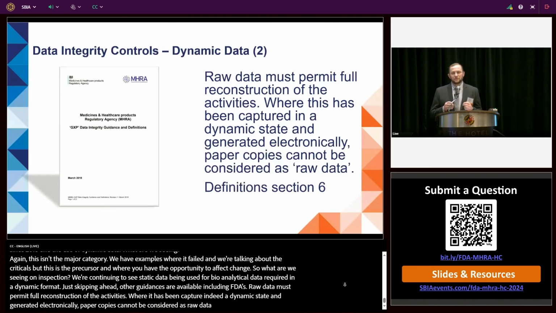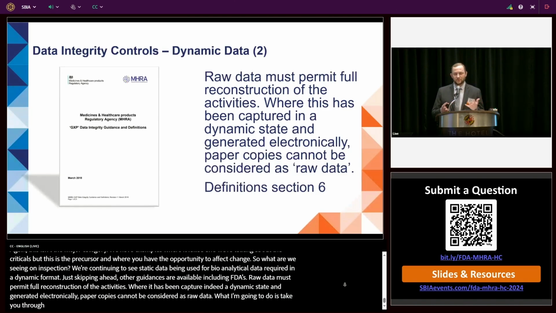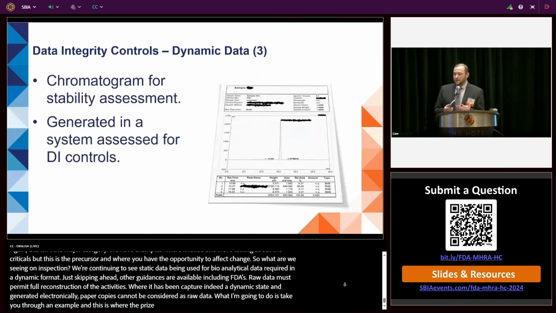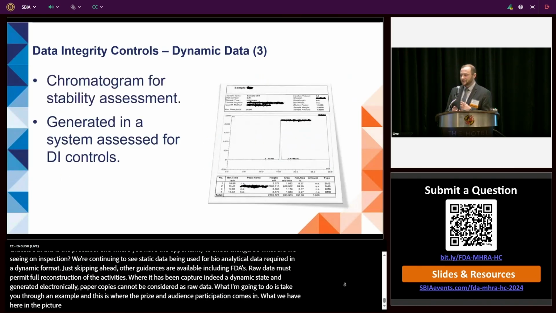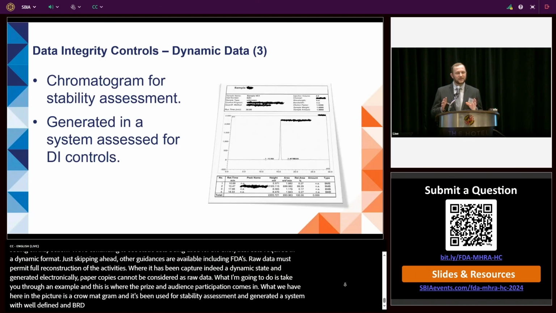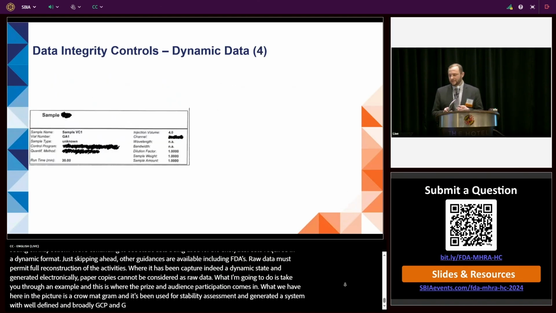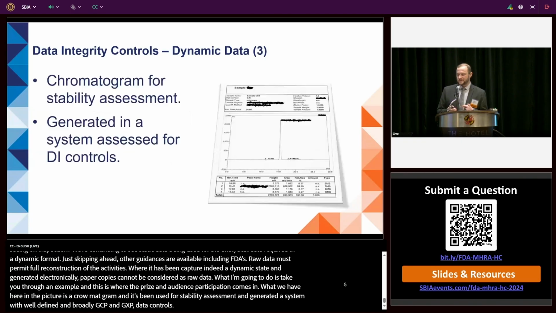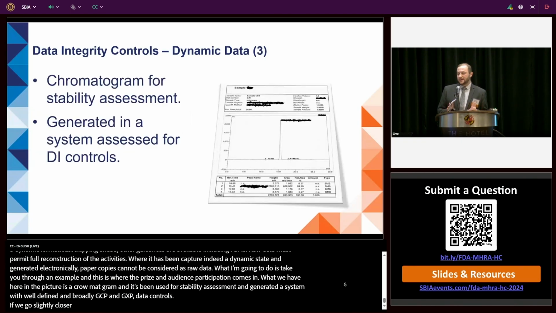What I'm going to do is take you through an example, and this is where the prize and audience participation comes in. What we've got here in the picture is a chromatogram, and it's been used for stability assessment. It is generated in a system with well-defined, what I would call broadly GCP and GXP, data integrity controls intact. If we go slightly closer, let's do audience participation.